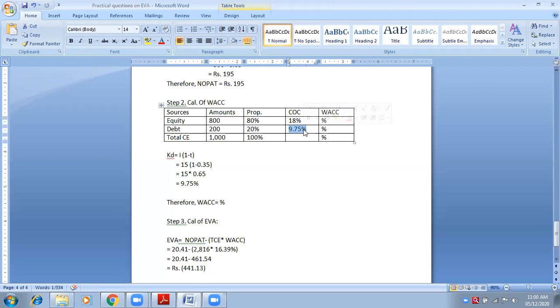It was pre-tax which was given to us. We need to convert it to after-tax, and then that figure will be written. Is it clear, everybody? Should I move to the next point?